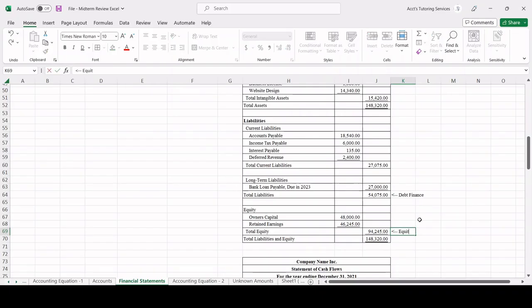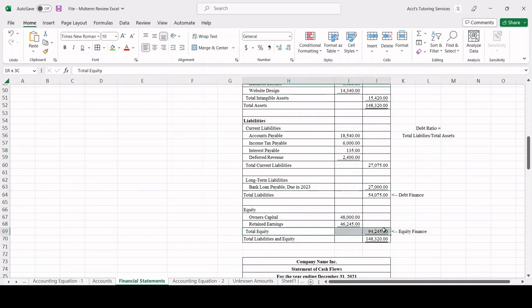That's equity finance. To calculate this, we can calculate the debt ratio, which is simply total liabilities divided by total assets. The way this works is we can finance our total assets by either total liabilities or total equity. That's why total liabilities plus total equity gives us total assets. It balances, right? So everything connects.